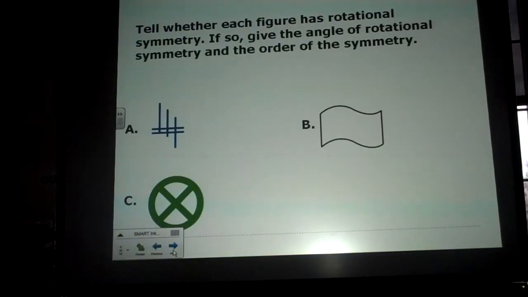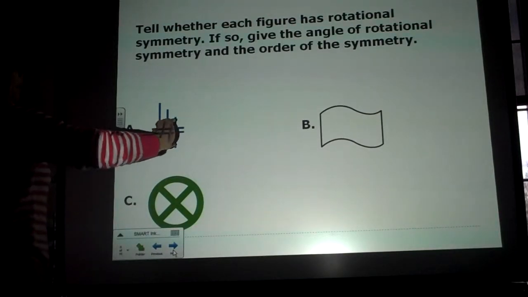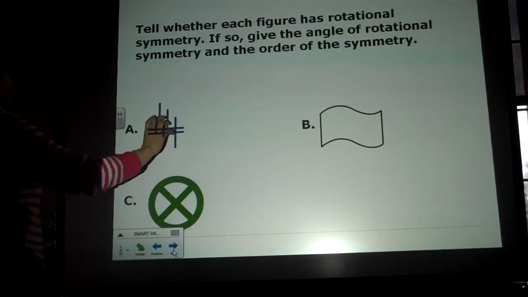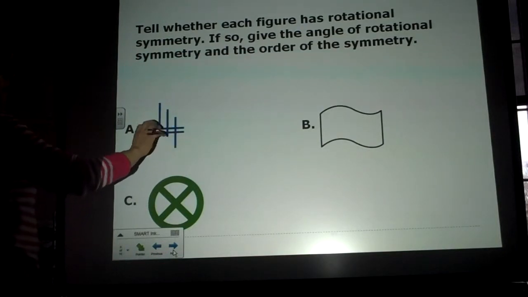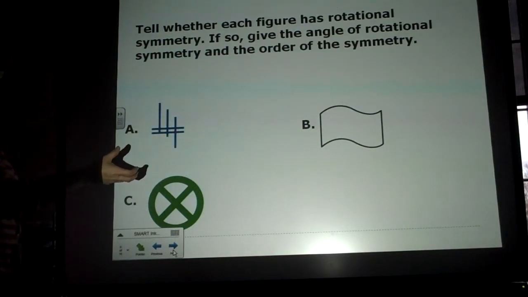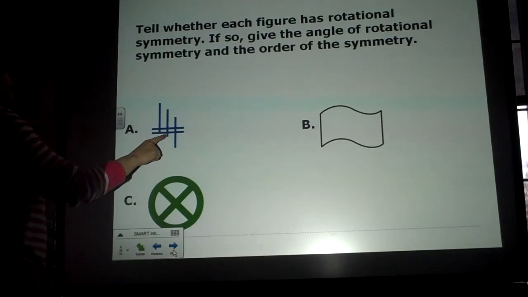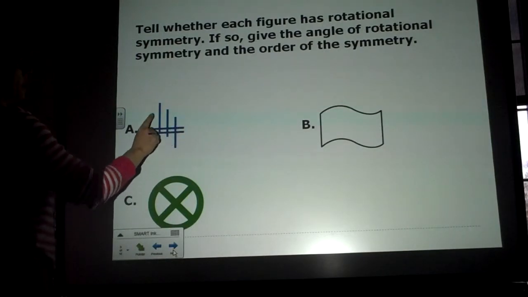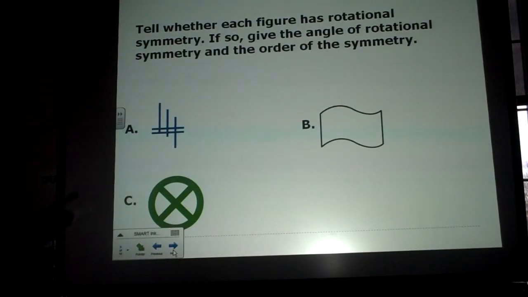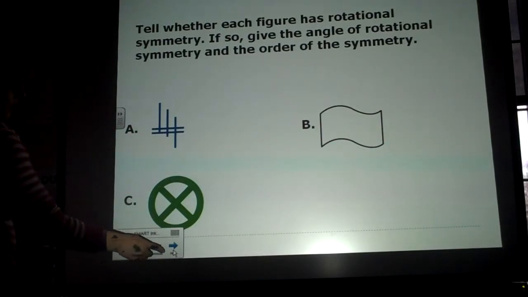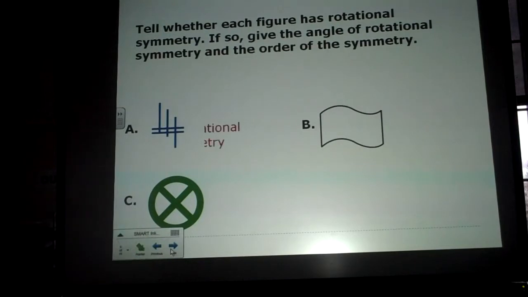Alright, what about A? Does A have rotational symmetry? It does not. And guys, this is where I would take my paper and rotate it to see if you can get it back to the same exact figure, the pre-image. And the only way you can get this back to the pre-image is if you rotate it 360 degrees. Well, every object has 360 degrees rotation symmetry. Okay, what about B here?